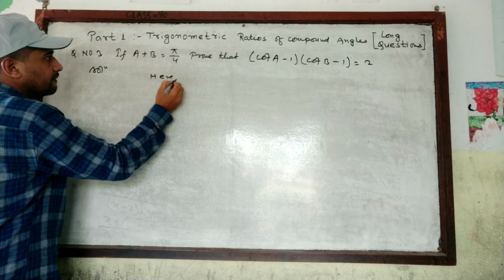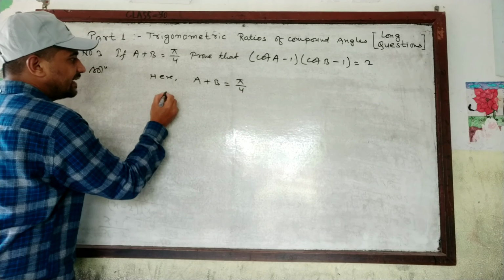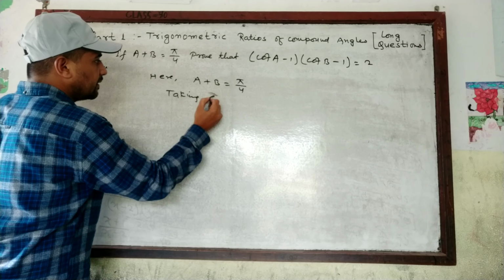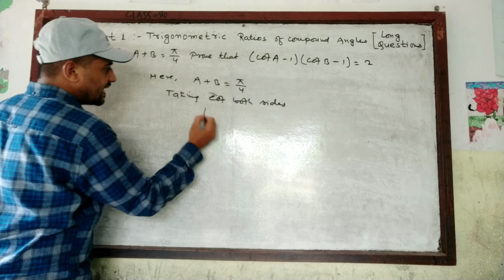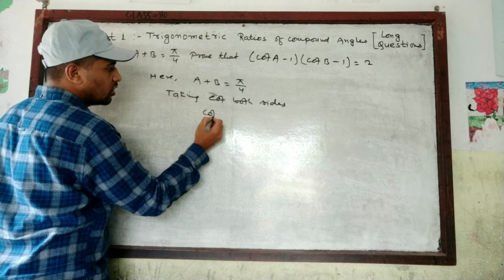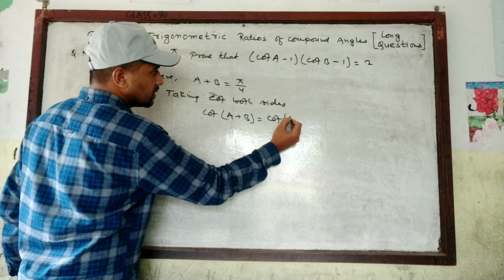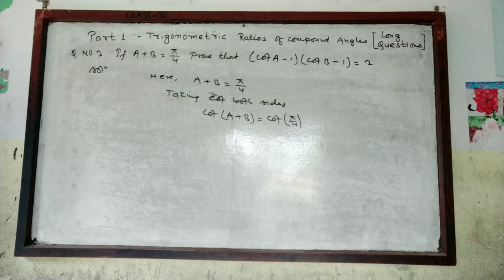Here a plus b is equal to pi by 4. Taking cot on both sides, we write cot of a plus b is equal to cot pi by 4. Now what is the formula of cot a plus b?